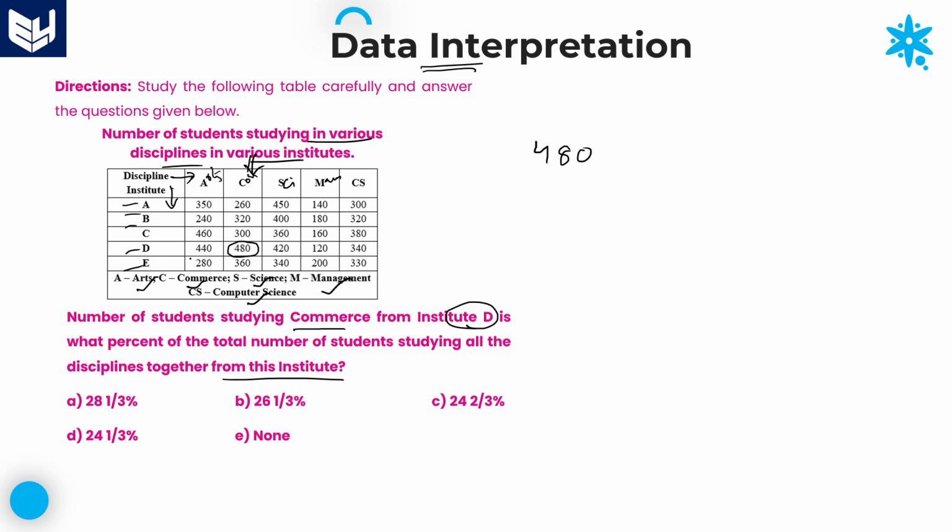All the students studying from this institute, that means from institute D. Here the value 480 is what percent of the total number of students studying from institute D. So in the denominator you need to write the total value of institute D. First you can write down all the values of D: 440, 480, 420, 120, 340. You need to add all those values. 440 plus 480 plus 420 plus 120 plus 340.